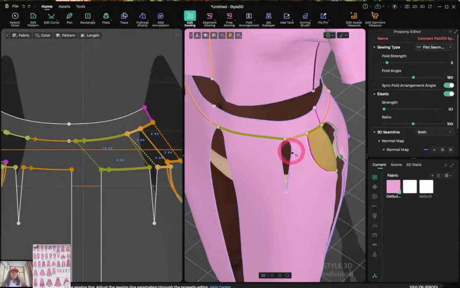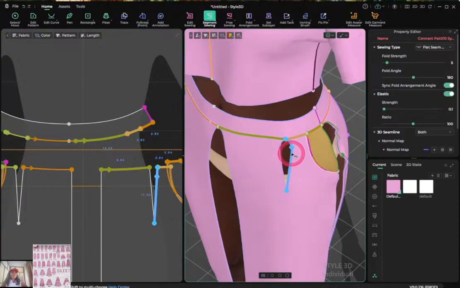Now you have to sew the dots. You have to sew everything.